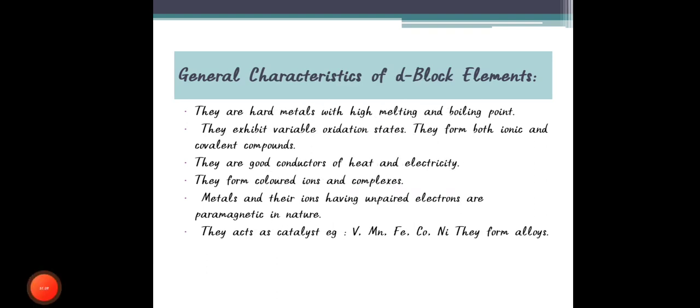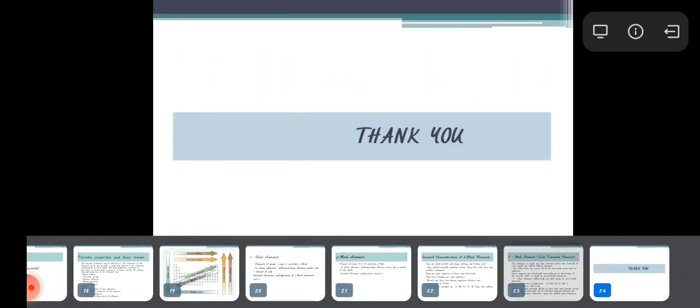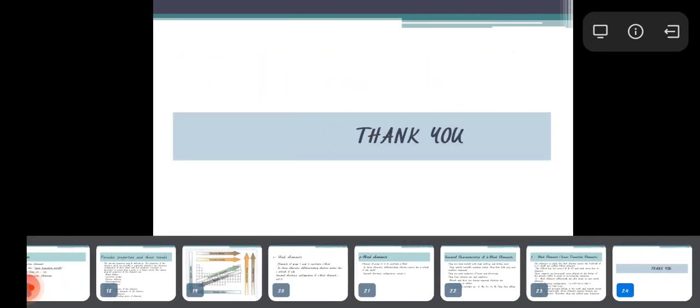Elements from atomic number 93 onwards are called transuranic elements. These elements are radioactive in nature. That is all about my presentation. Thank you.